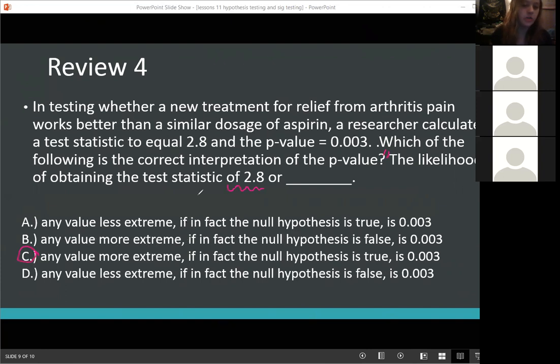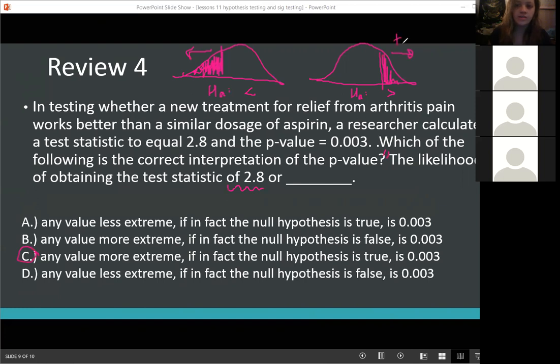Remember I was showing you, if we have an alternative hypothesis that involves it being less than, then we'll have our test statistic, and anything more extreme would be to the left. And like we talked about earlier, if we have an alternative hypothesis that's greater than, anything more extreme is going to be to the right.